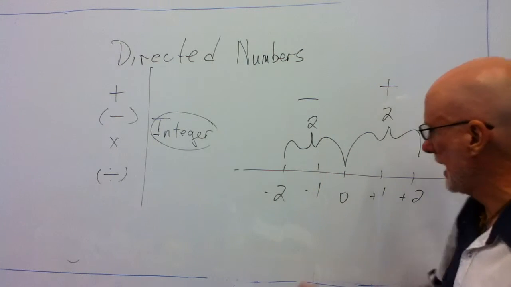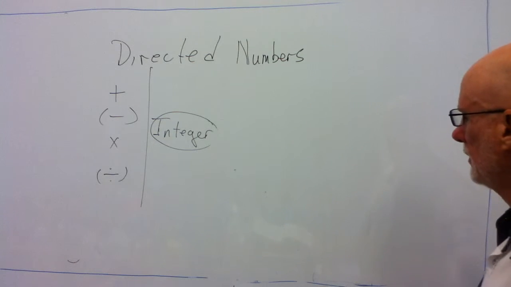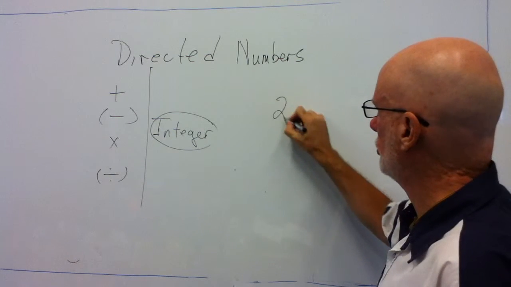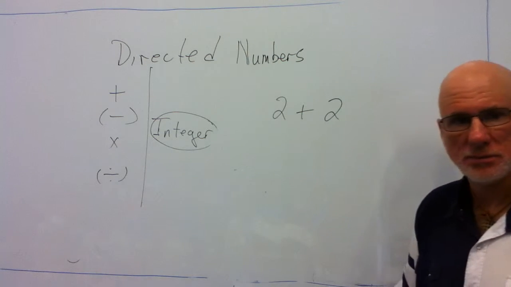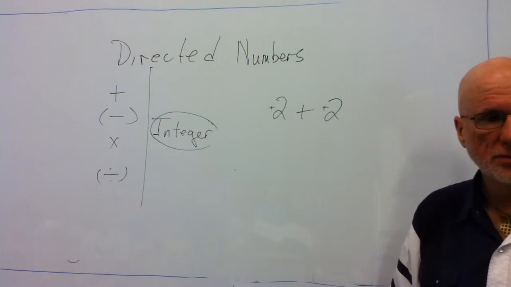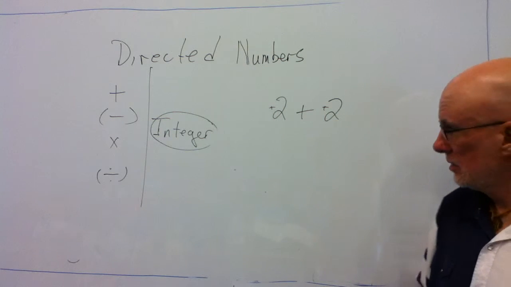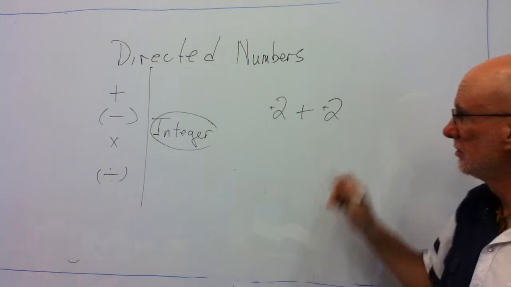Okay. Next, let's look at addition. I want to say 2 plus 2. This is a positive 2. This is a positive 2. Positive 4. I get positive 4.